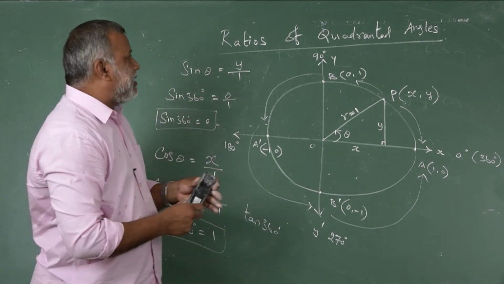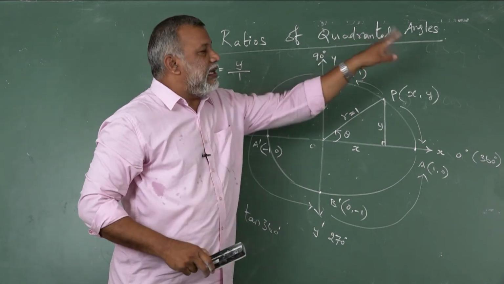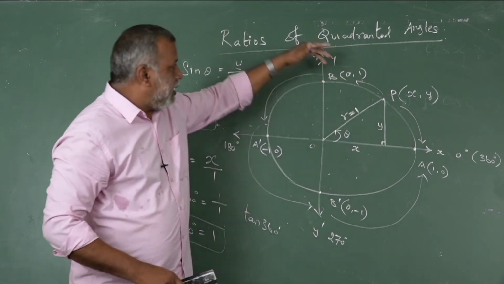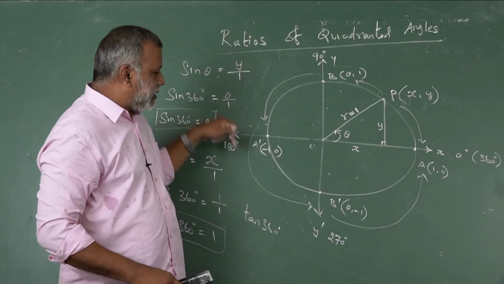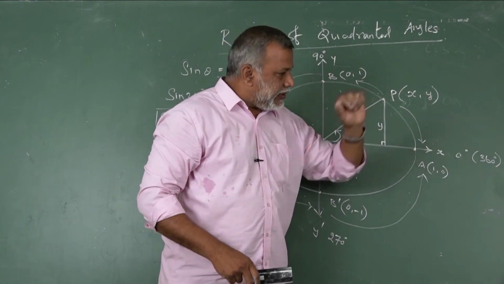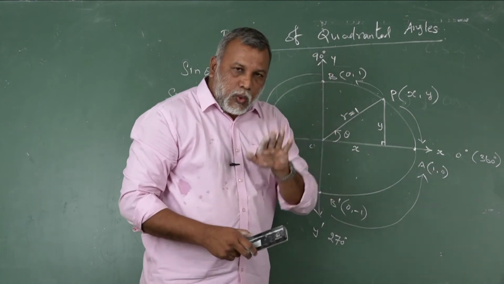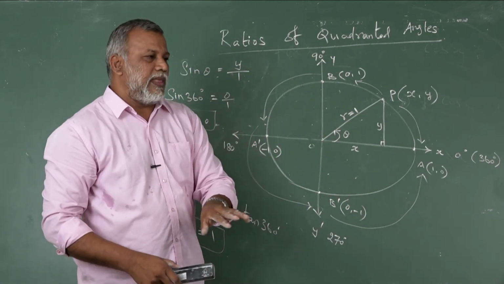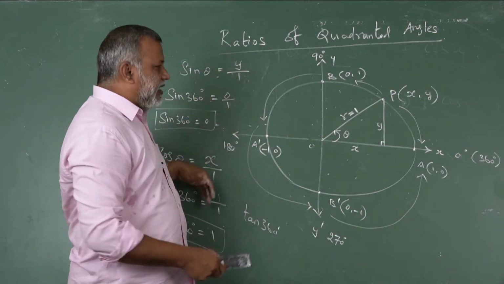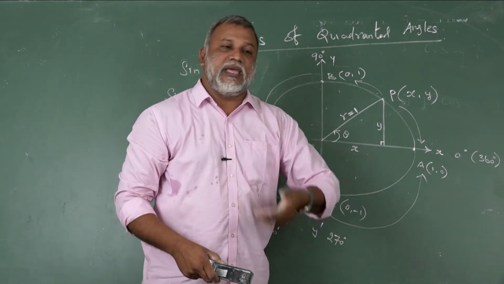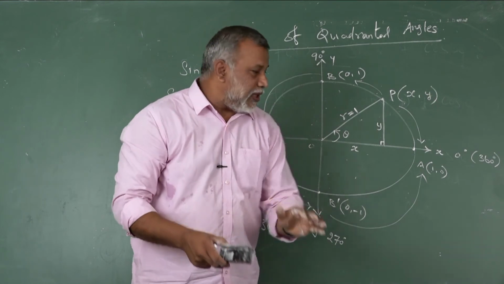So far we discussed about quadrantal angles. Quadrantal angle means from the 0 degree, the 90, 180, 270, again after completing one rotation to take 360. These angles are quadrantal angles. We derived only sin and cos, because after getting sin and cos you are able to develop tan and then cosecant, then secant and cot. So far we are developing.